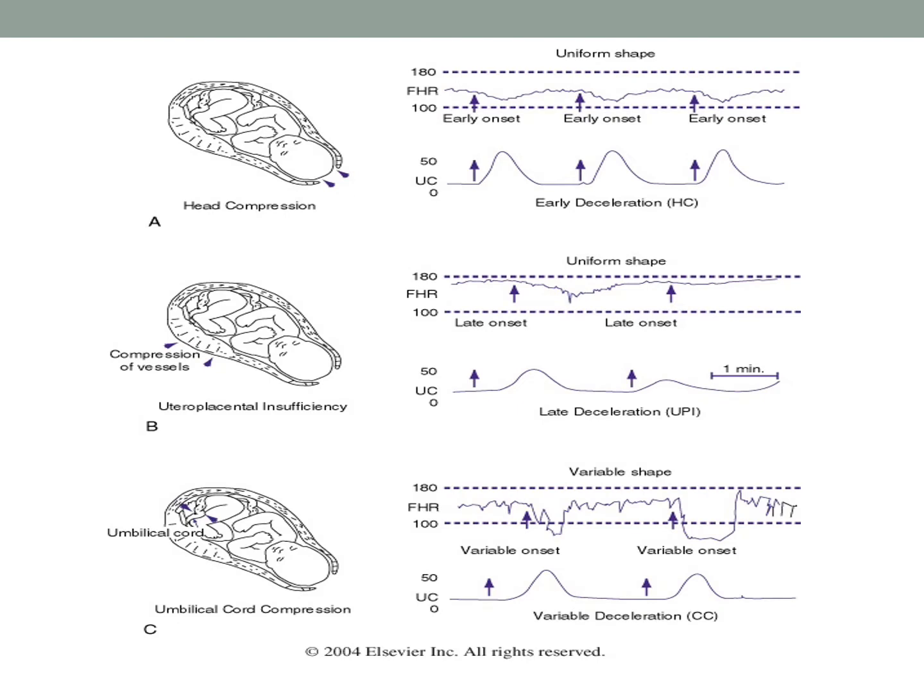Here I just have another picture of what we call, I had not shown you guys a picture of an early deceleration. As you can see, it mirrors. As the contraction starts, the deceleration starts. The nadir, or the lowest part of the deceleration, almost kisses the peak of the contraction. You see, so it mirrors the contraction. That's an early deceleration.